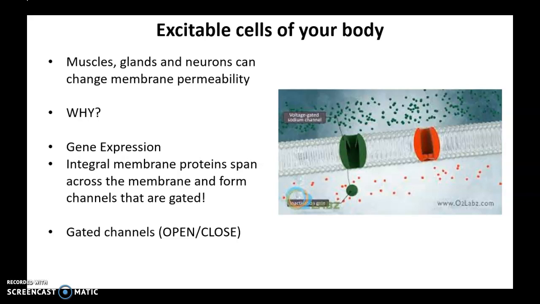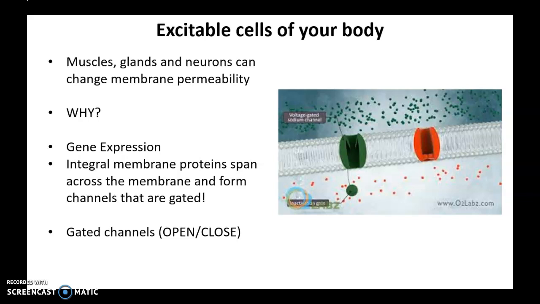But why and how? How can they change and why can they change? Well, these cells have the ability to suddenly and instantaneously change the permeability across their cell membrane. The reason why is that they have different kinds of gene expression.